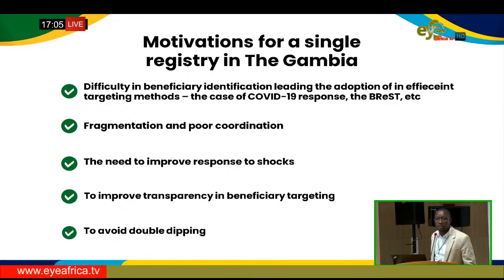So it helps in addressing issues of corruption or some malpractices in the implementation of social protection services. Sometimes also we see that some people would benefit from multiple programs, whereas there will be people who would not benefit from anything. So to avoid such double dipping in various programs was also one of the reasons.